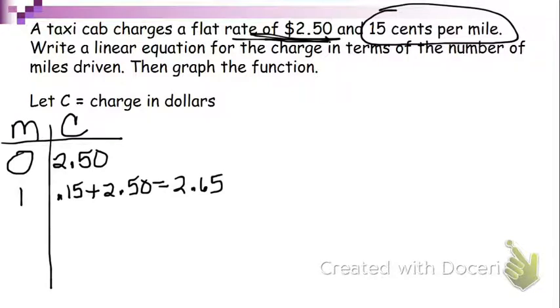Okay, so get a formula for this. C is going to be, you're always going to have that $2.50. So we're going to tack that onto the end. And then it's 15 cents per mile. A lot of times for these story problems, when you see that it's per something, that's going to involve your variable.